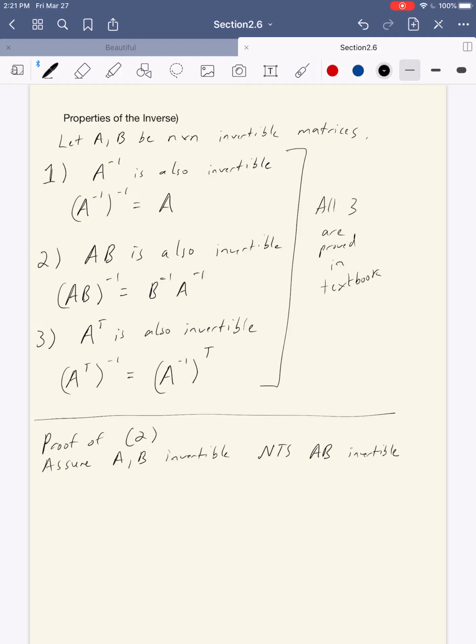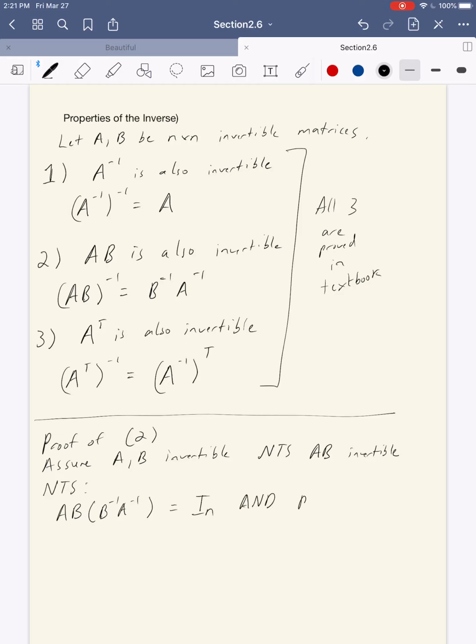All right, so what we're going to do is use this property here, right? What we need to show is that AB times this potential inverse here, B inverse A inverse, is going to be the identity.